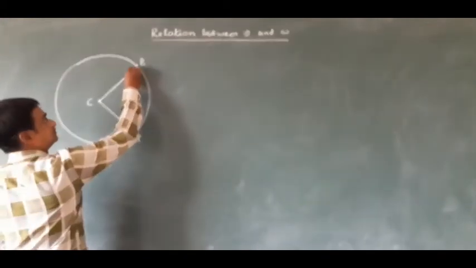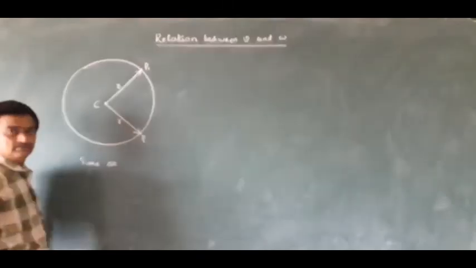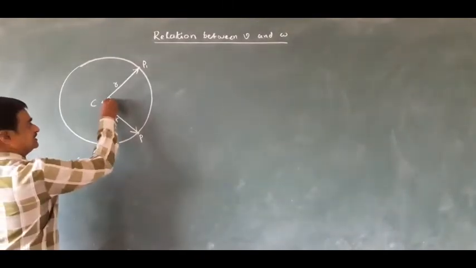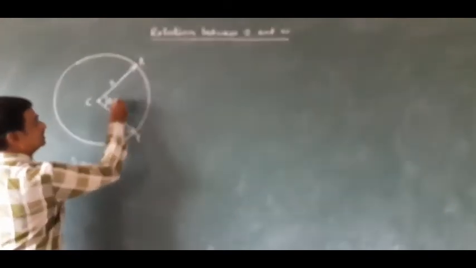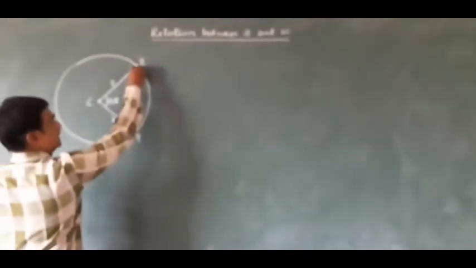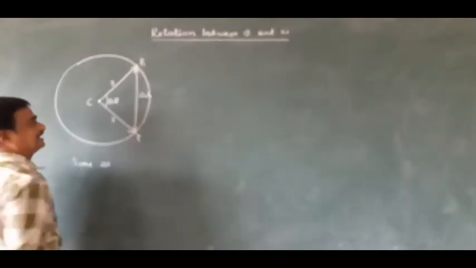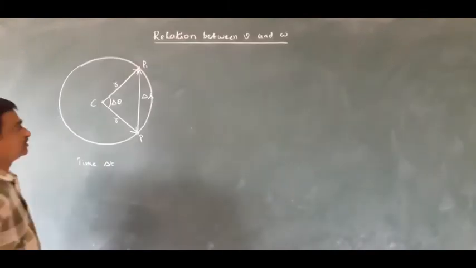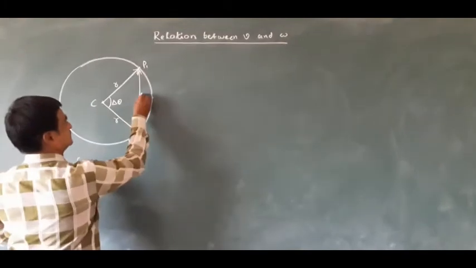We take the radius as R. This is the angle delta theta. Then during this interval of time, the displacement is delta S. Delta S is the displacement.